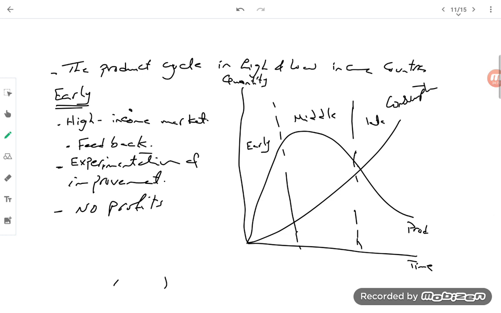Over time, the product begins to leave the early stage or the early phase and enter the next one, which is the middle phase.